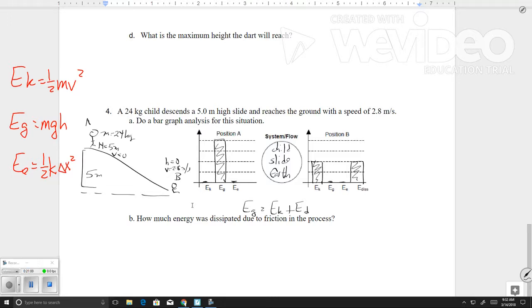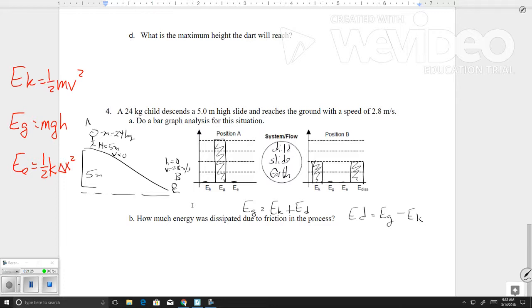So how much energy was dissipated? We're going to have to calculate that from the gravitational potential energy and the kinetic energy at the end. So our equation is going to work out to ED equals EG, that was all the energy in the beginning, minus EK, minus what energy was kinetic.